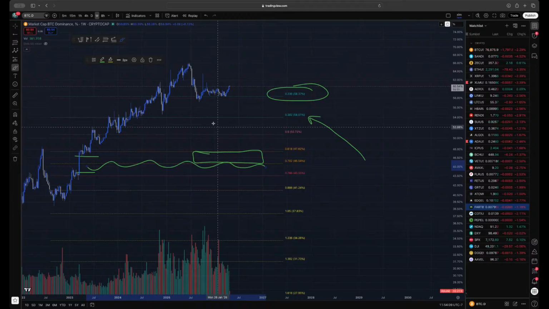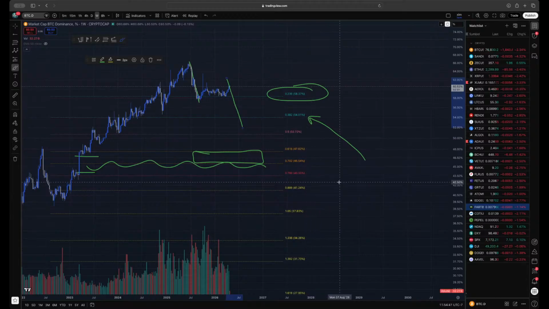For right now, my main concern on Bitcoin dominance is to see how this leg to the upside is made. If it starts to break that high, it's likely going to push through the displacing area left behind and the old highs. But there is a chance, right, because of how this leg was formed to the downside, that you may see another partner leg to the downside to get us to the minimum 54%, if not 50%.